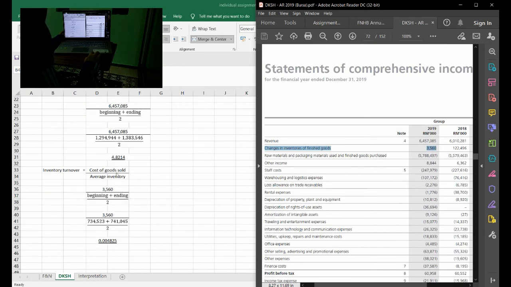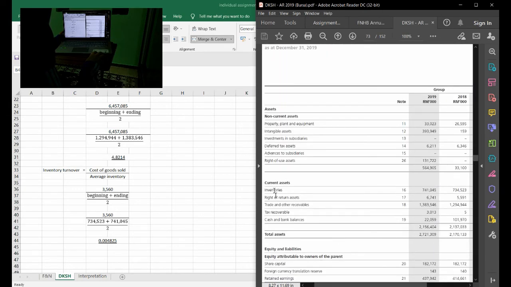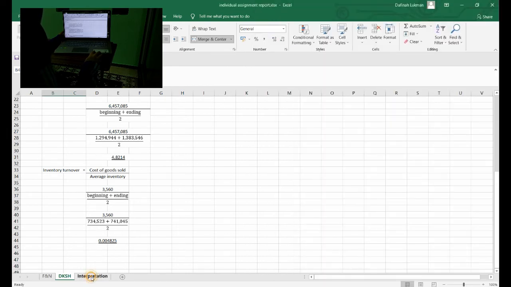The beginning inventory is from the statements of financial position. The beginning would be in 2018, where the figure is 734,523, ending would be 741,045. So the final answer will be 0.004825.